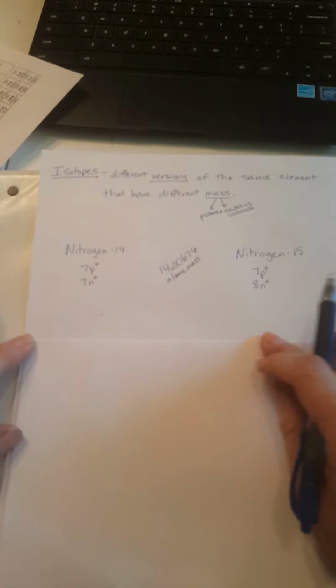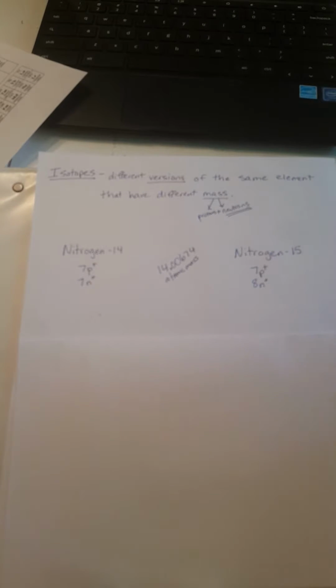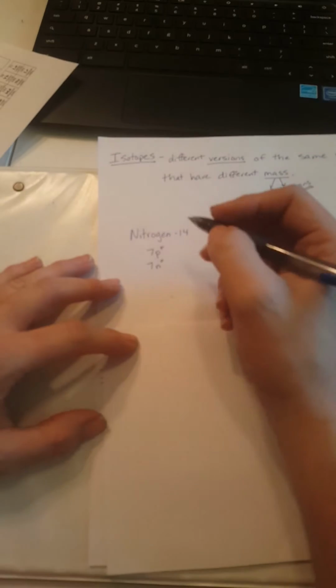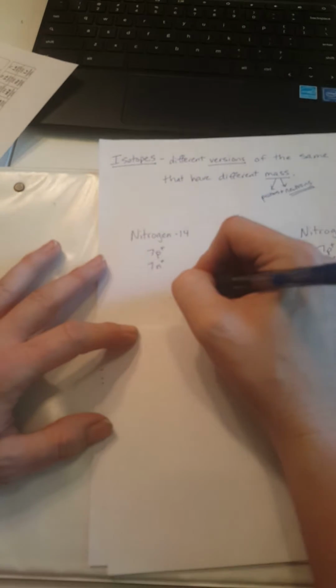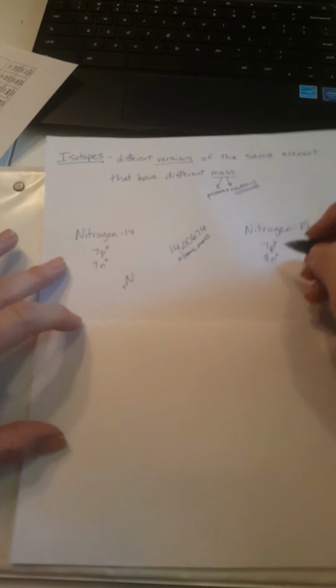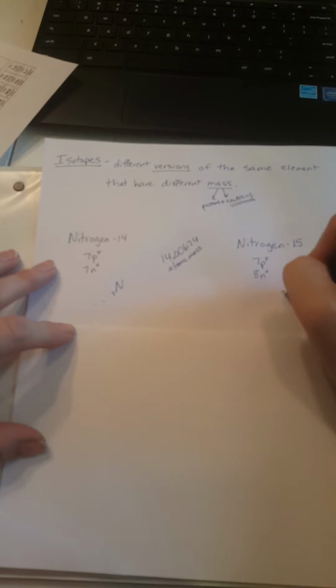There's lots of different isotopes, but the word isotopes just means different versions of the same atomic element. That's really all it means. There's something called isotope notation, where you put the element symbol, you put the atomic number down here, which is your protons. So these are both N with a 7 down there. And then you put its mass at the top.